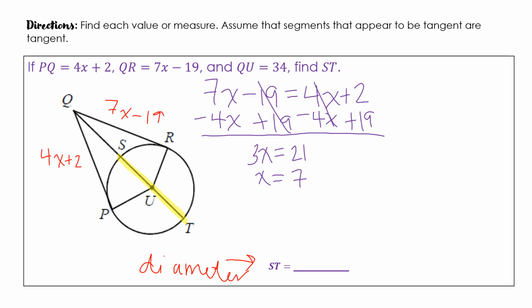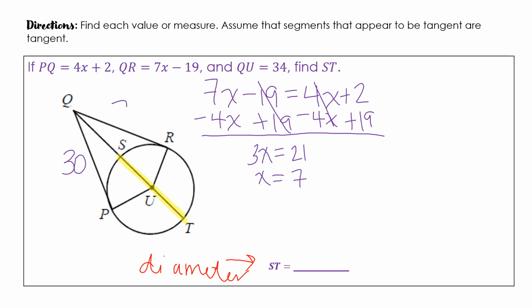So if I do 4 times 7, that's 28, and 28 plus 2 is 30. So we have that QP is 30. Let me double check and make sure it works for QR as well. 7 times 7 is 49, and 49 minus 19, 30 as well. So we know that x equals 7 is correct, and our 30 is a good length for that.